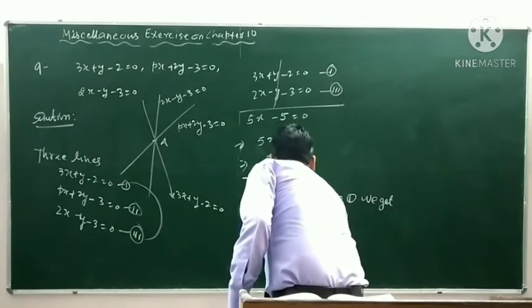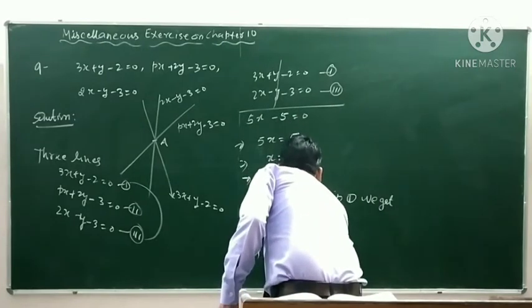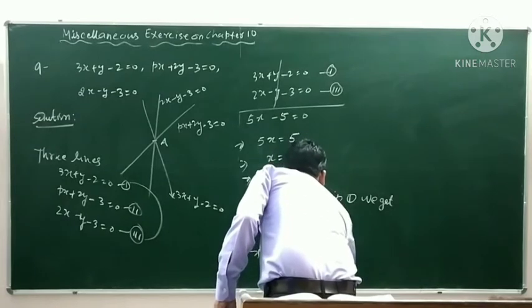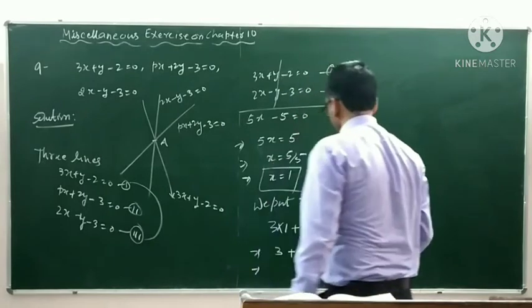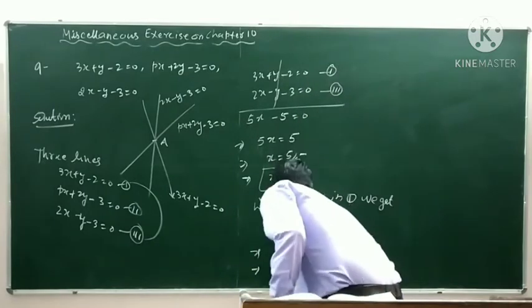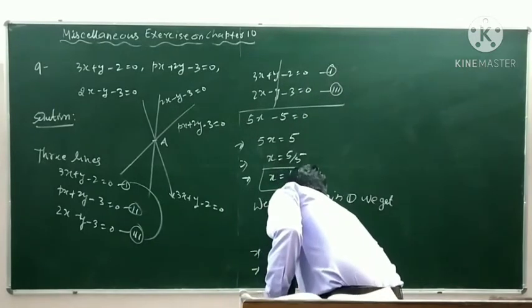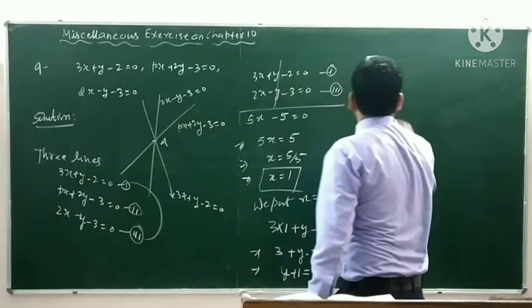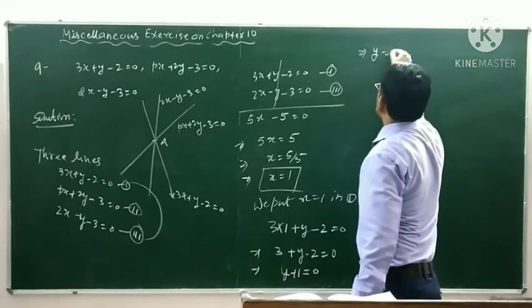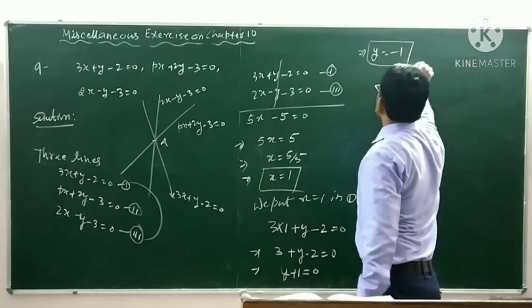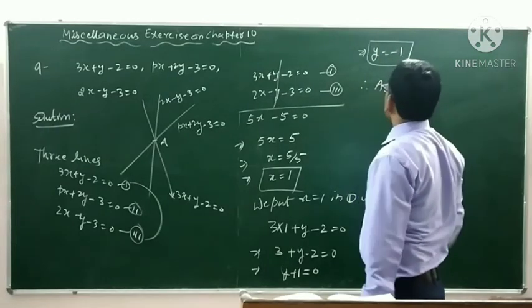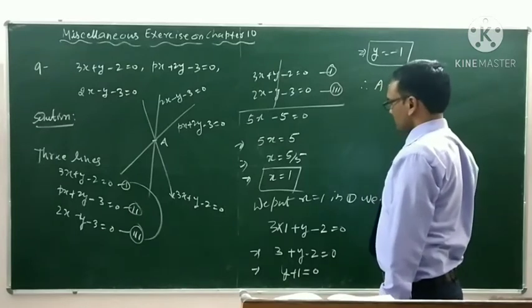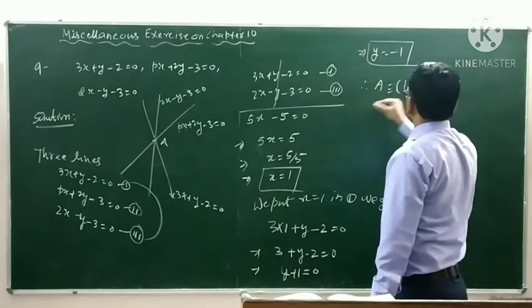This implies that 3 plus y minus 2 equal to 0. This implies that y plus 1 equal to 0. This implies that y equal to minus 1. Here we find the coordinate of point A is 1 comma minus 1.